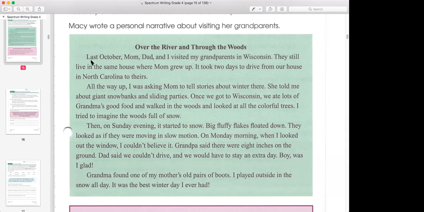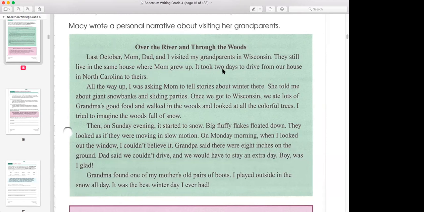Last October, Mom, Dad, and I visited my grandparents in Wisconsin. They still live in the same house where Mom grew up.